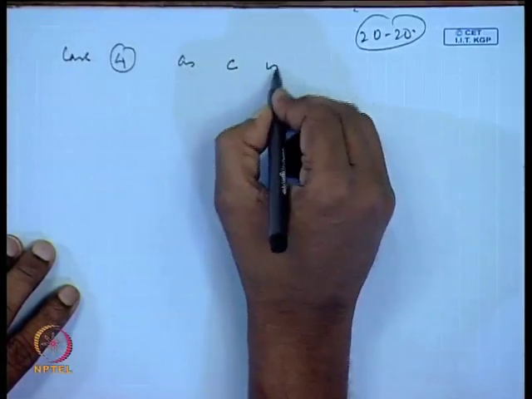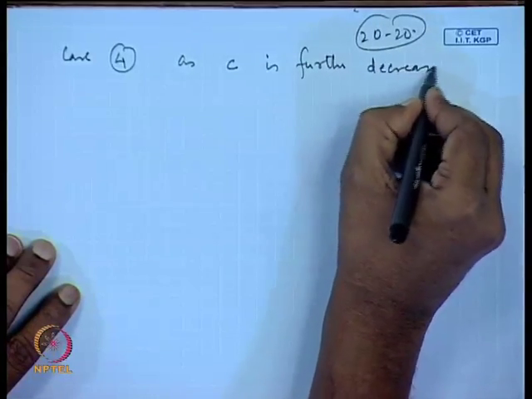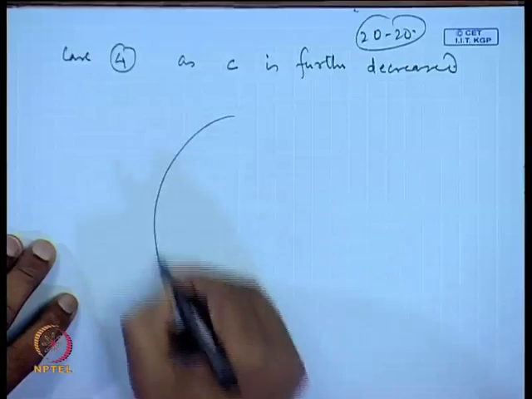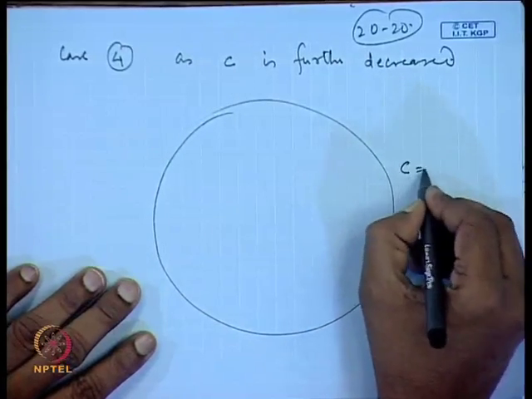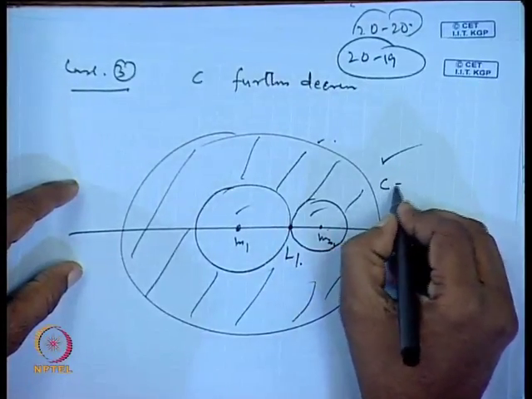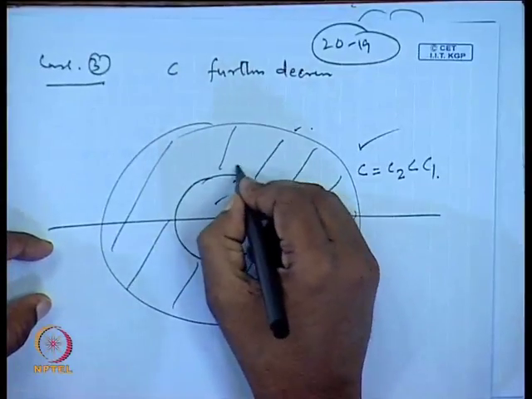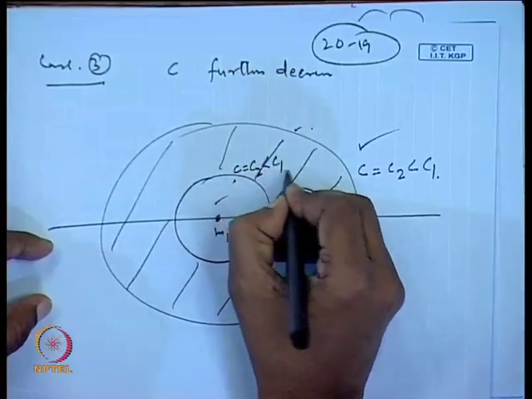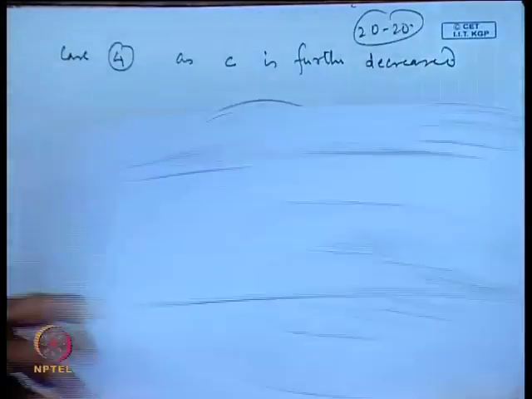So, as c is further decreased, in this case also we can write c is equal to c 2, which will be less than c 1. Here also c equal to c 2, which is less than c 1.